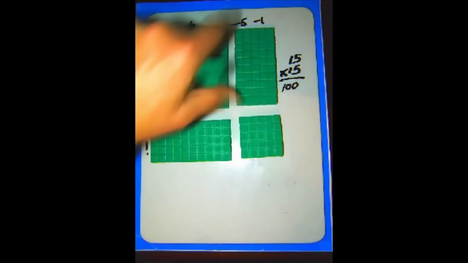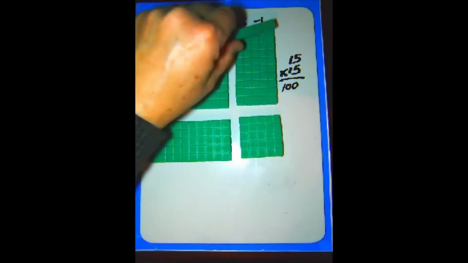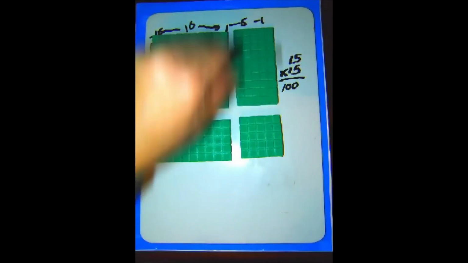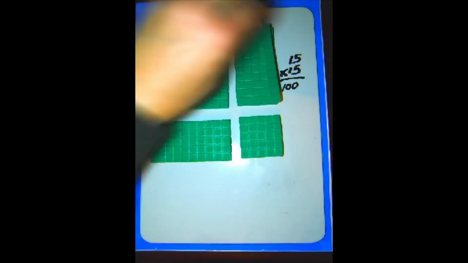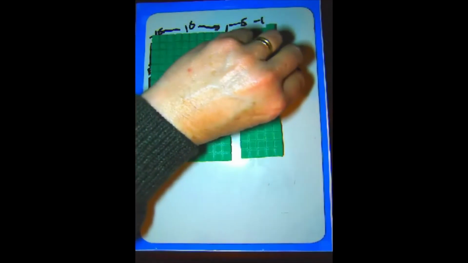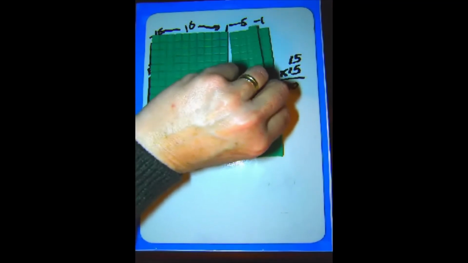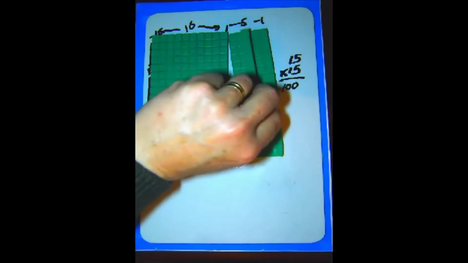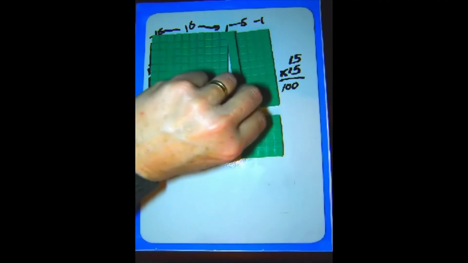Well, what do we have here? This section is 5 in one direction and 10 in the other. And what we know about something that is 1 by 10 is it's simply a tens unit. And so how many tens units do we have? Well, we have 10, we have 20, we have 30, we have 40, we have 50.